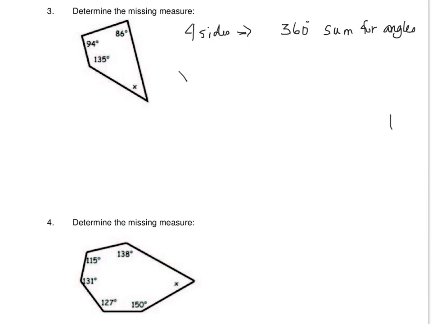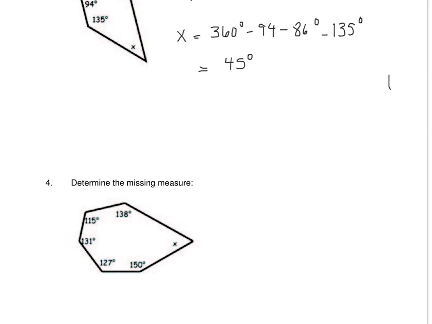So therefore, x should equal 360, take off the 94, take off the 86, take off the 135-degree angles. Because you know they all have to add up to 360, so if you just take those away from 360, you'll see what's left for the angle x. 45 degrees.